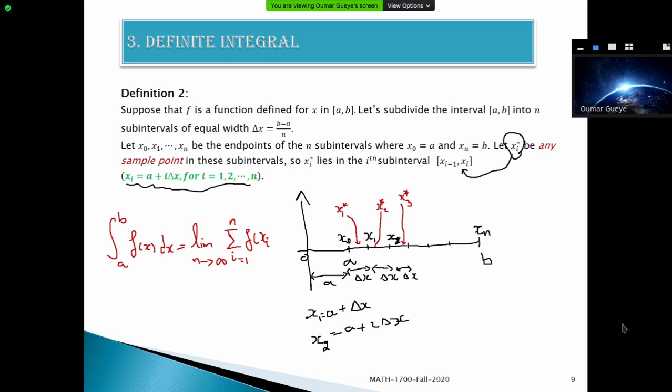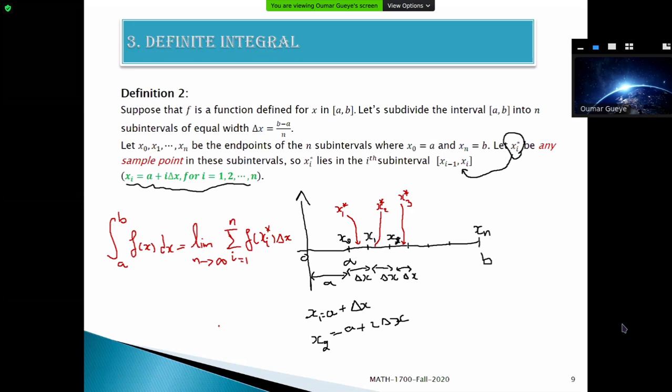I told you how xi star was obtained, and we already know what delta x is.